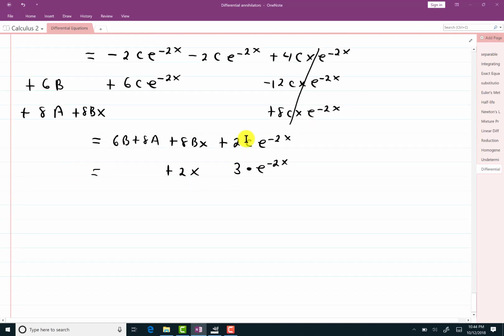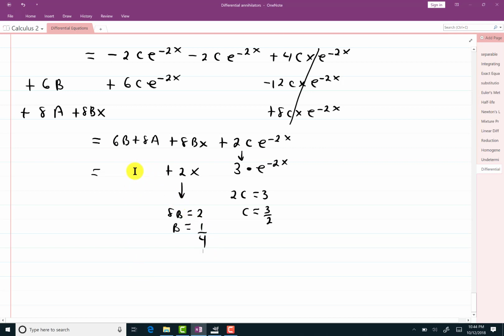Well, easily I can see, based on this, that 2c equals 3, or c equals 3 halves. From these pieces here, I have 8b equals 2, so b equals 1/4.